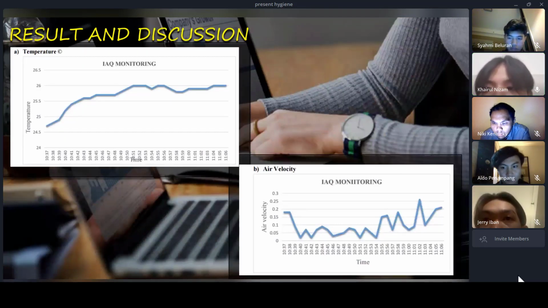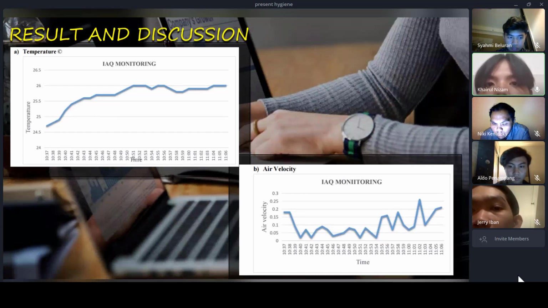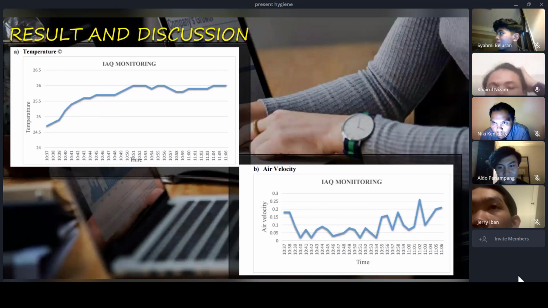This graph consists of temperature, velocity, relative humidity, particulate concentration, carbon dioxide, and carbon monoxide. Back to the temperature. During the monitoring period, the temperature in the STAAR office started at 34.7 Celsius and increased to 35.6 Celsius within the first 8 minutes.